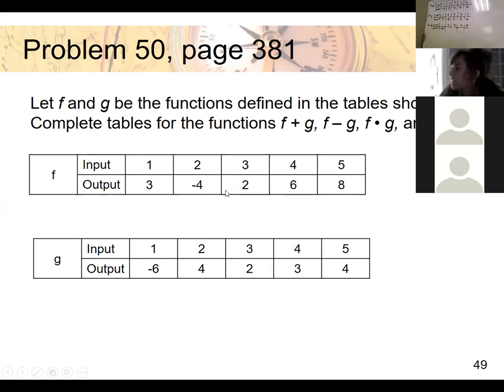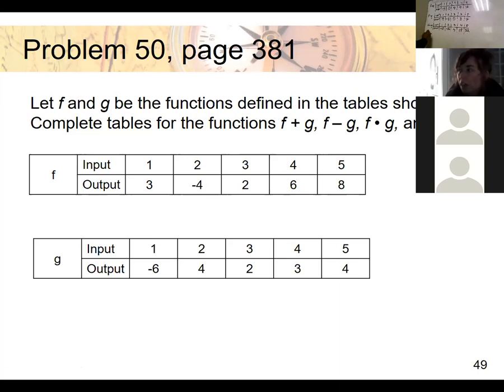And then for the input of 2, negative 4 times 4. That'd be negative 16. And then next, for the input of 3, 2 times 2. That would be 4. And then for the input of 4, this will be 6 times 3. That's 18. And then finally for the input of 5, 8 times 4. That'd be 32.